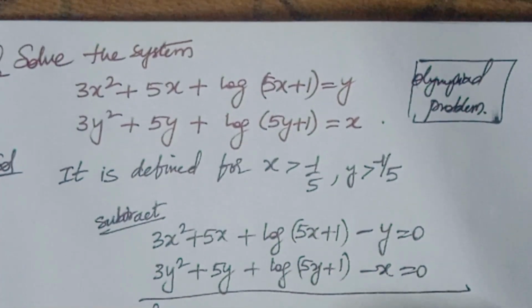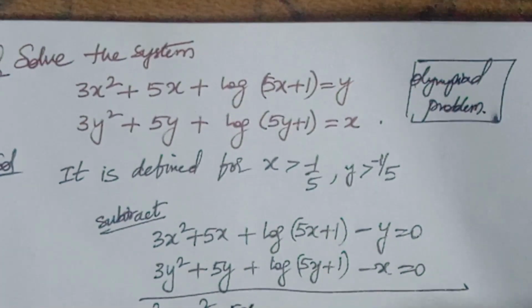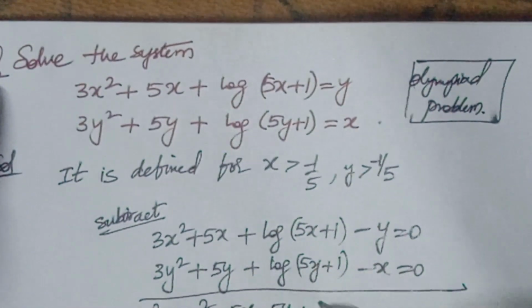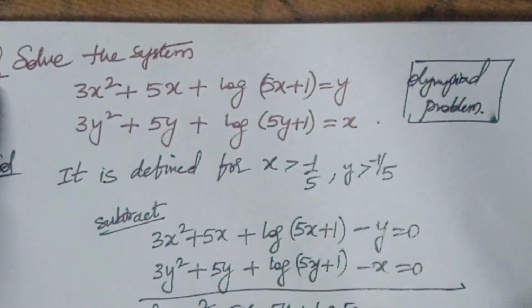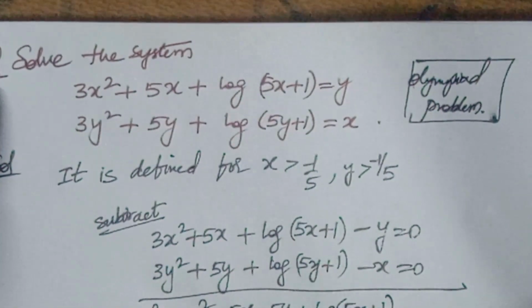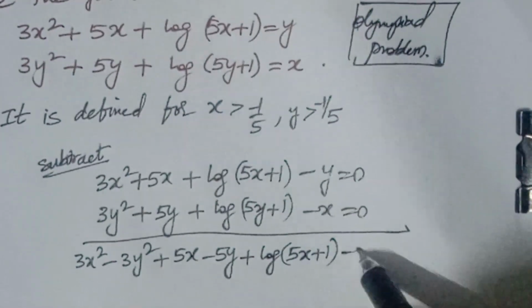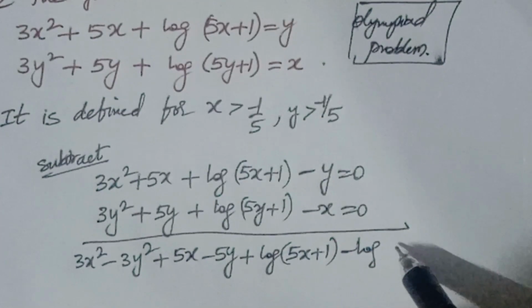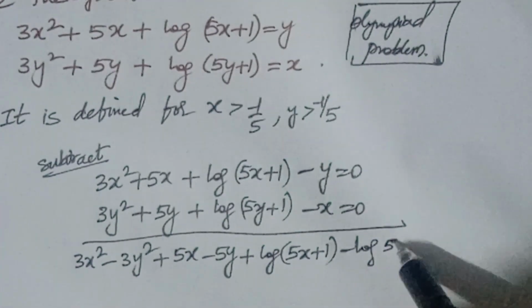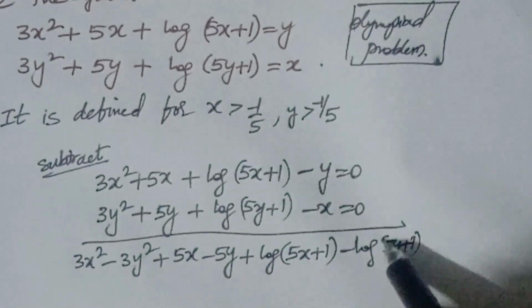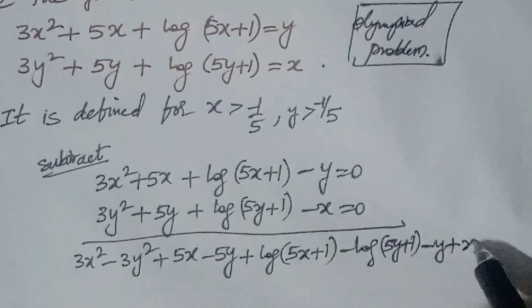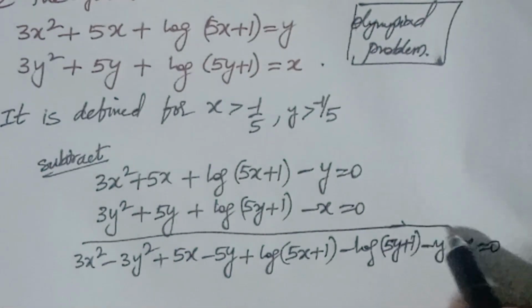3x² - 3y² + 5x - 5y + log(5x + 1) - log(5y + 1) - y + x = 0.